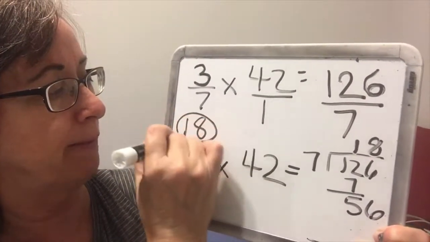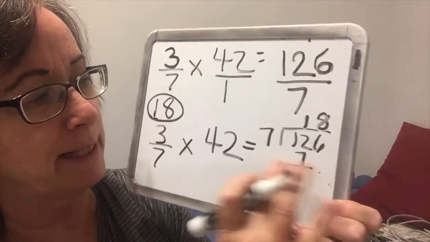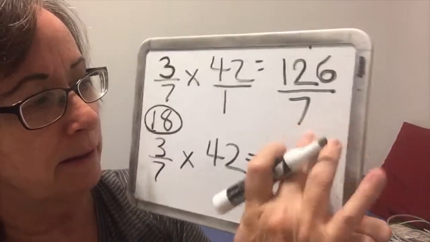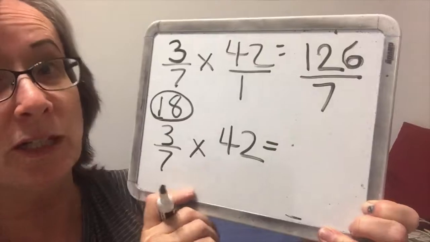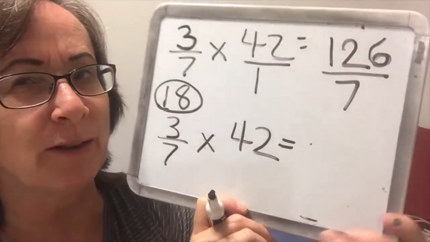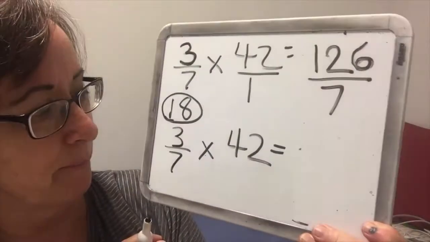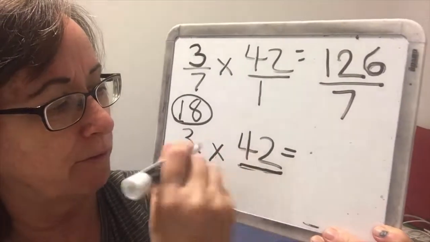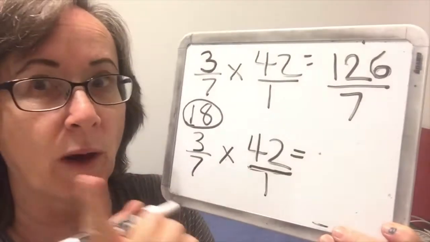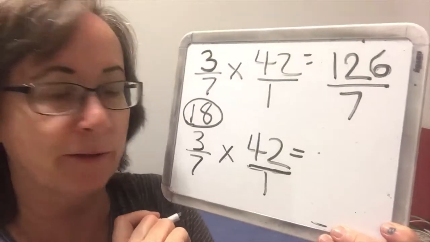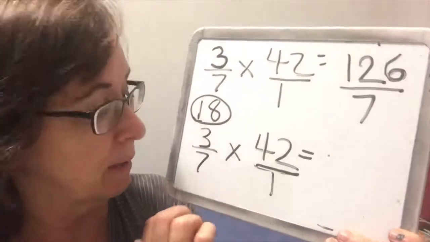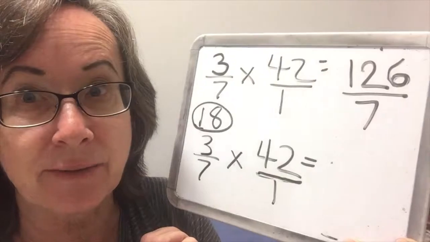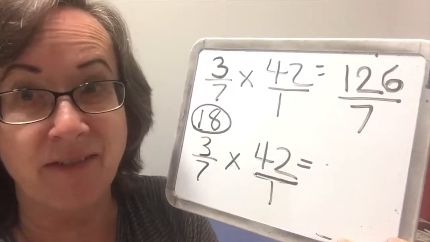So we're just going to put it there and circle it, and I'm going to erase this because I need room for this problem, which is the same problem. But now I'm going to do this one with canceling. I'm going to say, well, you know what? These two fractions are going to wind up being one big fraction. And the top of the fraction is going to be 3 times 42. And the bottom of the fraction is going to be 7 times 1, which is just 7.